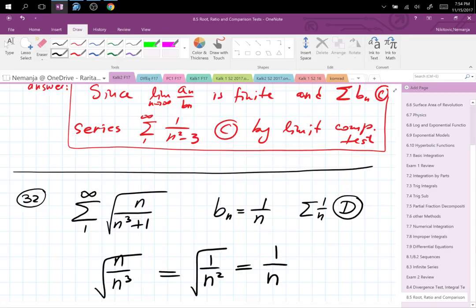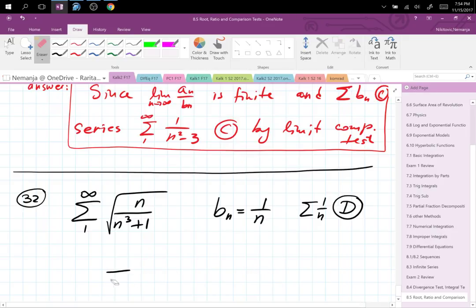You can write any of the 3. We only have to simplify the expression. That's the algebra behind it. Square root of n over n cubed is 1 over n squared with the root, which is 1 over n, and that's what we have up there.